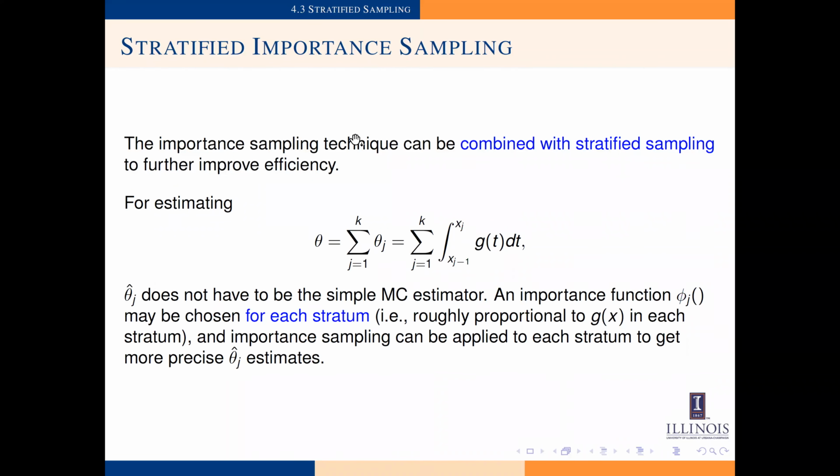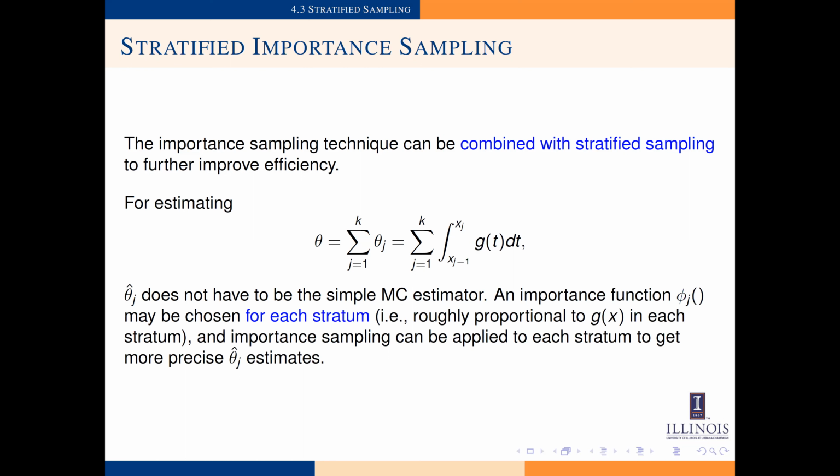Specifically, in order to estimate theta, which is equal to the sum of the theta j's in each of the strata, the theta hat j's we use to estimate theta j in each stratum do not have to be the simple Monte Carlo estimator.